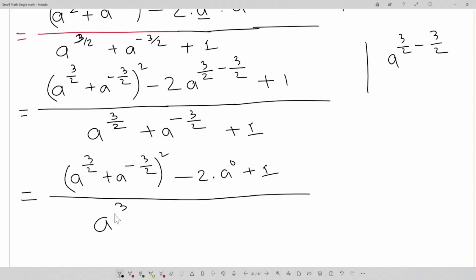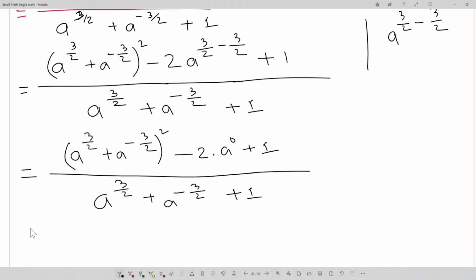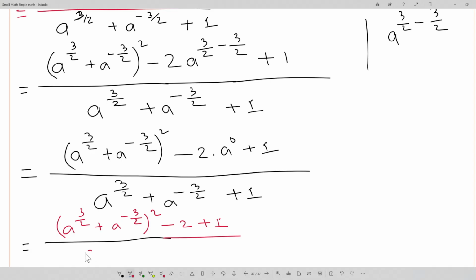And here is a to the power 3 by 2 plus a to the power minus 3 by 2 plus 1. Then look, now a very important thing: a to the power 0 means 1, so 2 times 1 is 2, so minus 2 plus 1, unchanged, a to the power 3 by 2 plus a to the power minus 3 by 2 plus 1.